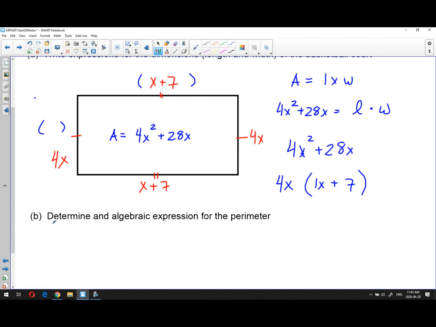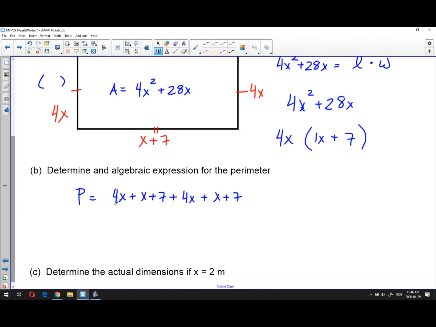To figure out an expression for the perimeter, all we have to do is add up all the sides. So we could say 4x plus x plus 7 plus another 4x plus x plus 7. So I'm taking all four of these expressions and adding them together. So I have 1, 2, 3, 4, 5, 6 terms, but some of them are alike, and some of them are not alike.